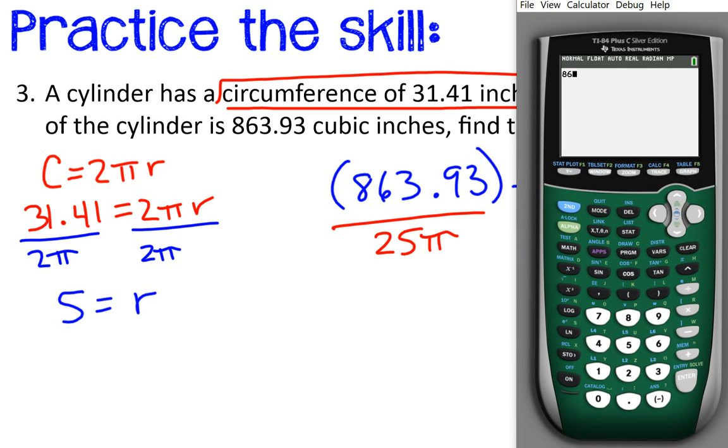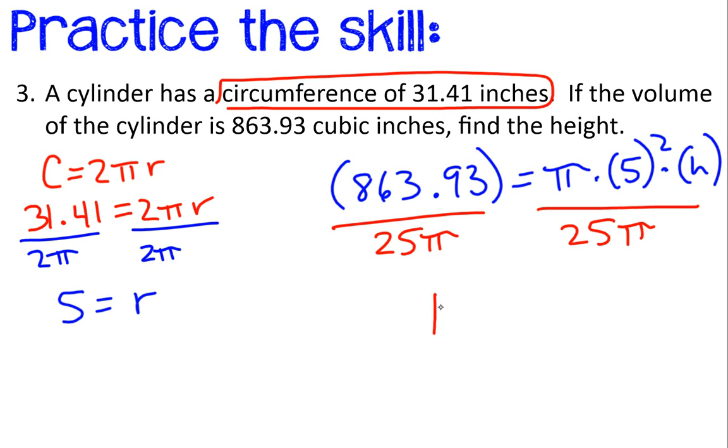So 863.93 divided by 25 pi. Oh boy. Typed the wrong thing. There we go. 10.999. I'm going with a height of 11 inches.